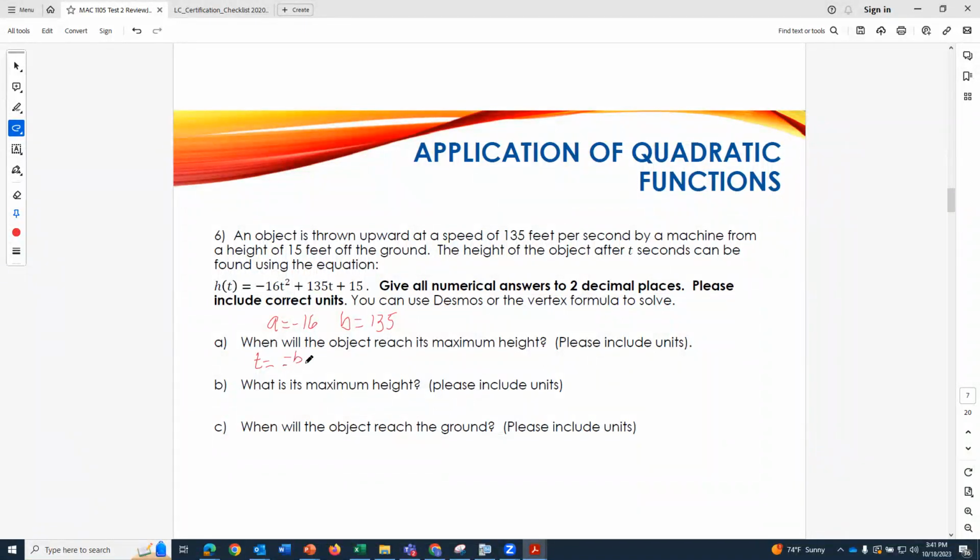-B over 2A. That means -135 over 2 times -16.